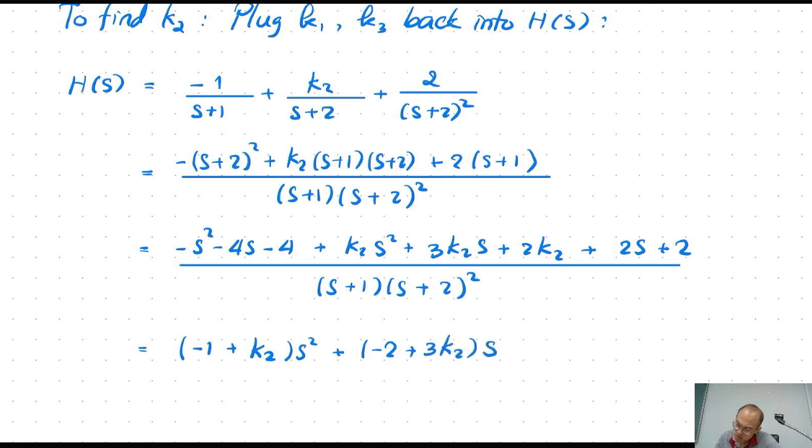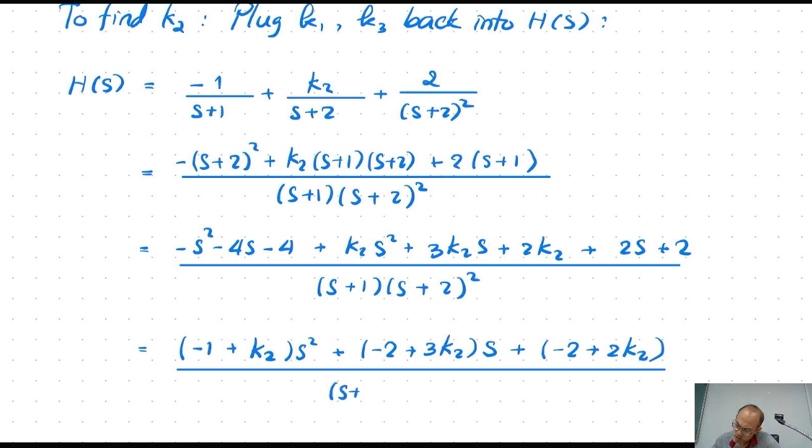Times S. And then the degree 0 term is -4, 2K2, and 2. So we have -2 plus 2K2, divided by S plus 1 times S plus 2 squared, sorry.